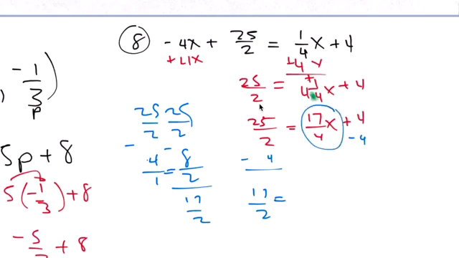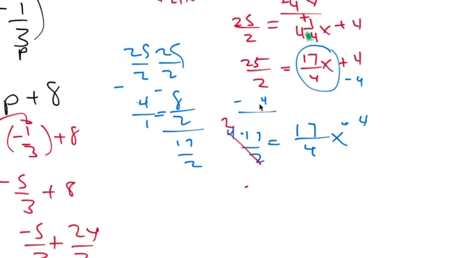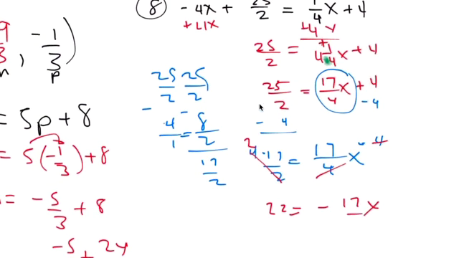I need this. 17 over 4x. Multiply it by 4. And divide by that 17.